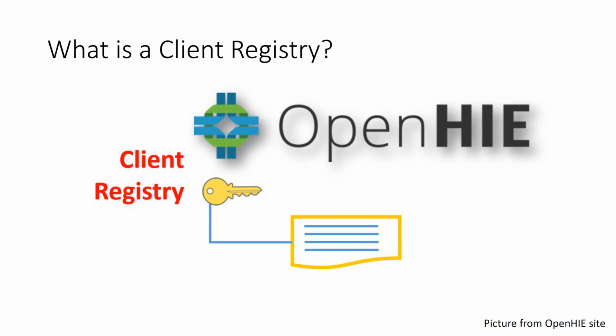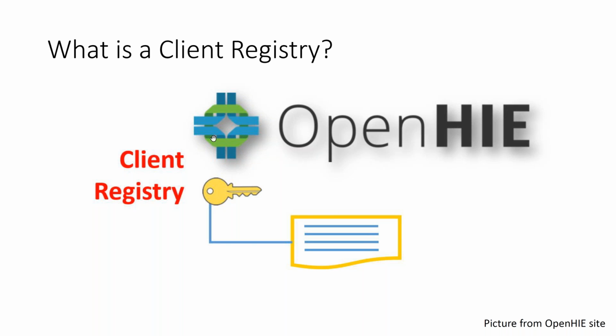So what is a client registry? This is actually a registry that gives us a definitive way to identify a patient or a person, so that we can identify the patients uniquely. The client registry is designed to assist in uniquely identifying individuals who receive healthcare services.